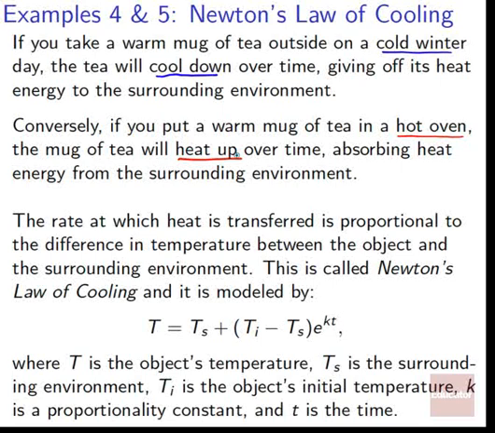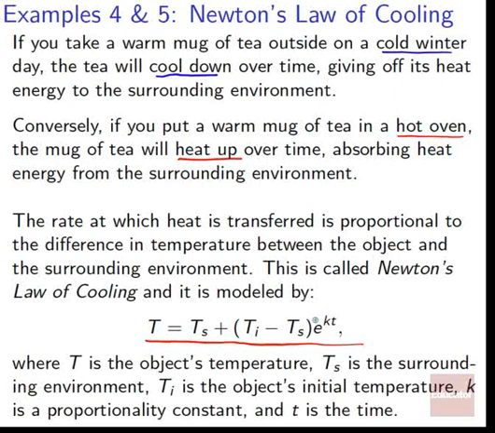The rate at which heat is transferred is proportional to the difference in temperature between the object and the surrounding environment. Since the amount of heat transfer is connected to a proportion of this difference, it winds up drawing on exponential equations. This idea is called Newton's law of cooling, and it's modeled by: the temperature of the object is equal to the temperature of the surrounding environment plus the quantity initial temperature of the object minus the temperature of the surrounding environment, times e to the kt.